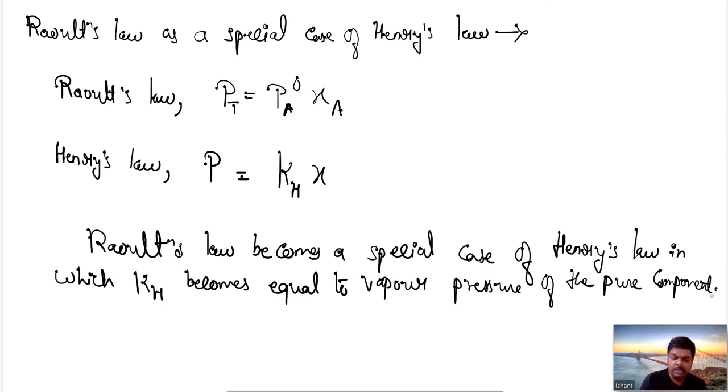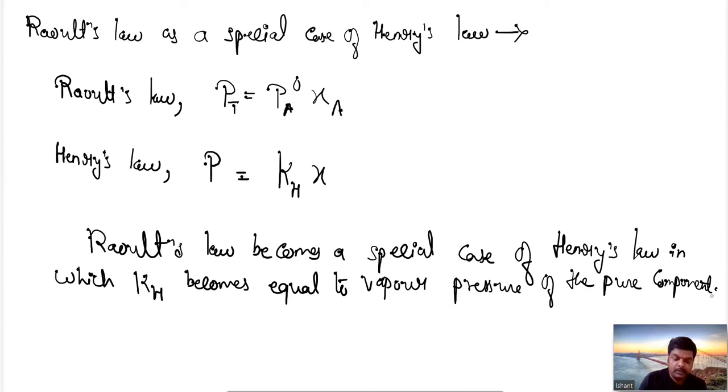Even in a liquid solution, one of the components may sometimes obey Henry's law over a range of mole fraction. In that case, Kh becomes equal to that particular vapor pressure, meaning Kh will be equal to P_A naught or P_B naught.